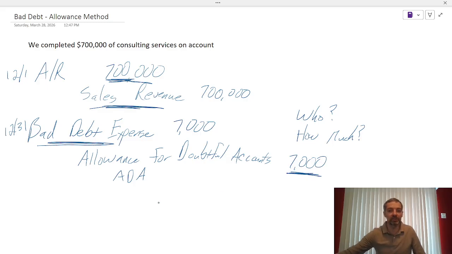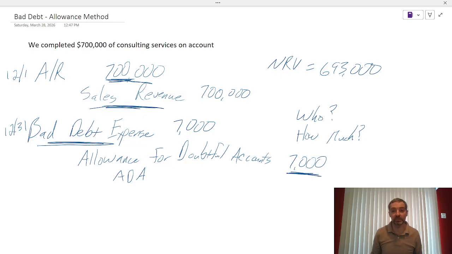And so we would have a net realizable value, often abbreviated NRV, of $693,000. So this also gives the financial statement users a little bit more information as to how much we realistically think we are going to collect. So it gives a lot more information.